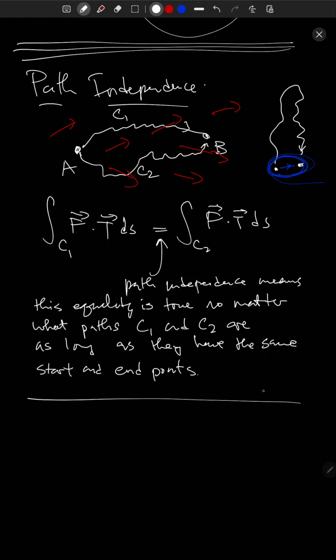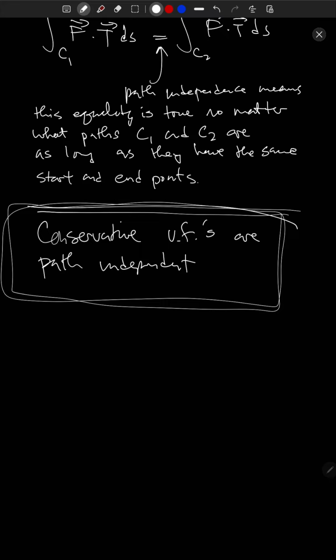That's actually super important, both in math and in physics. How in physics? Well, a lot of the vector fields you encounter in physics are conservative. Gravity, the gravitational vector field, we talked about this when we first gave that example.